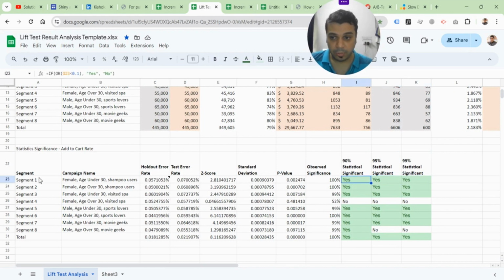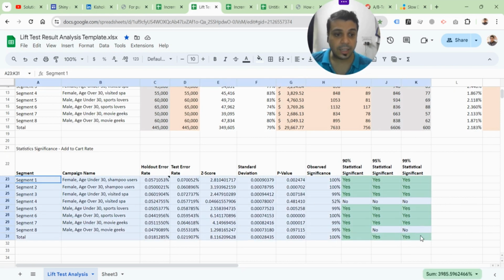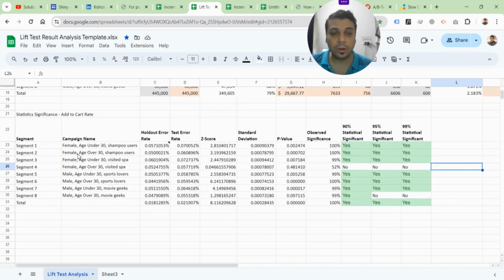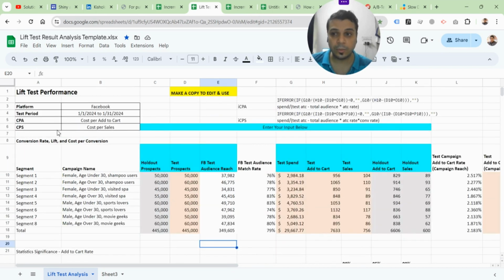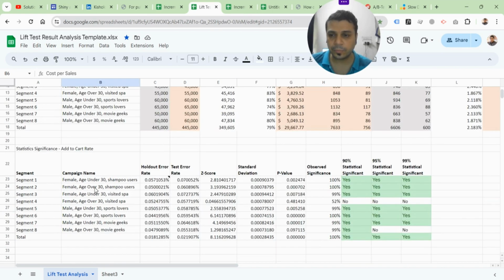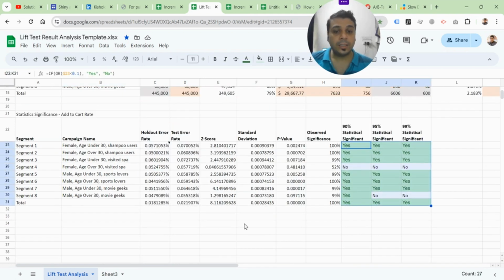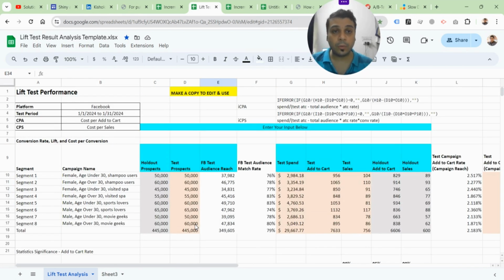So as you can see here in many of these segments, the incrementality testing is actually saying that the Facebook ad spend is having an incremental impact on your outcome metrics, which is additions to cart in this case. And you have to do similar statistical significance testing for sales as well, which is cost per sales or simply sales. So this is basically what I wanted to discuss.